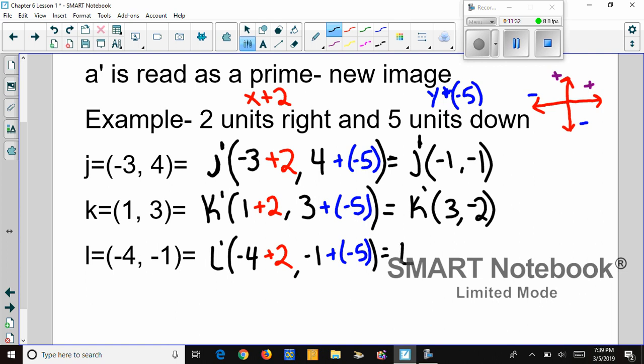That means L prime is at -2, comma, -6. So this is how we use addition to help us translate coordinates to find their new image. Let's take a look at what we have next.